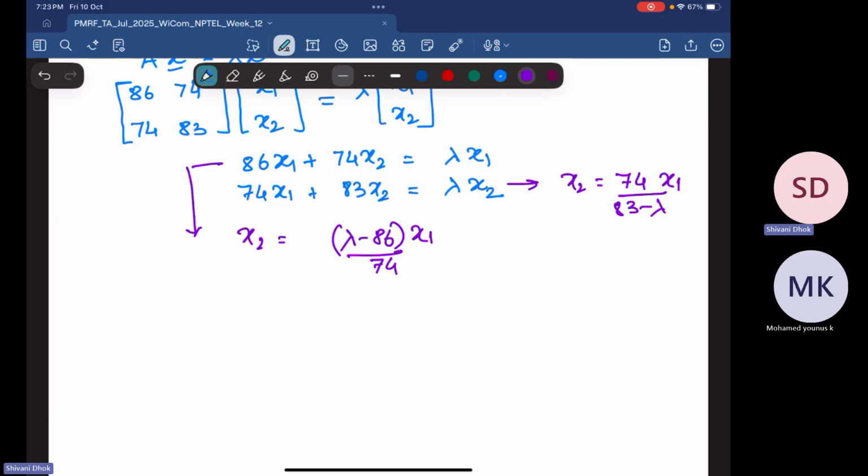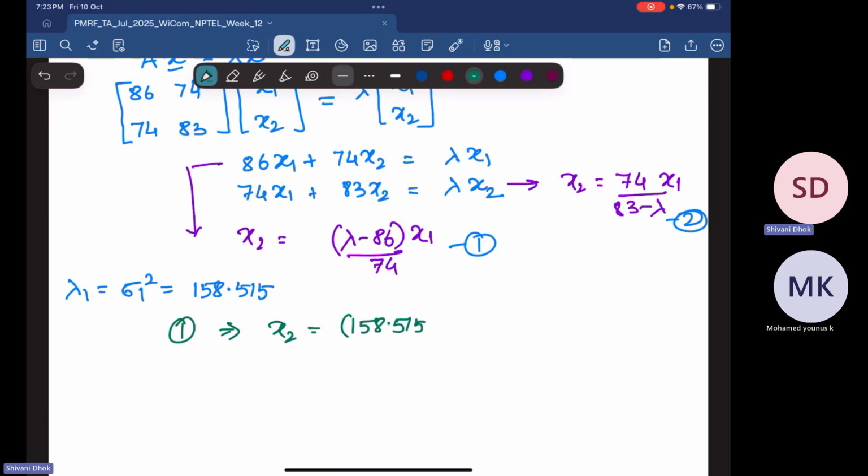Let us first do it for lambda 1 equal to sigma 1 square equal to 158.515. Let's say this is equation 1, this is equation 2. Equation 1 will give me x2 equal to 158.515 minus 86 into x1 upon 74. This will give me 0.9799 x1.